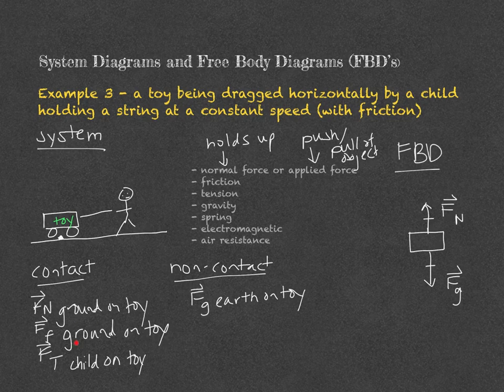Then I can do my last 2 forces. So the last 2 are the tension and the friction. And I have the person pulling to the right. So friction's always going to be opposite the motion. So friction will be going backwards, and the tension is pulling to the right.